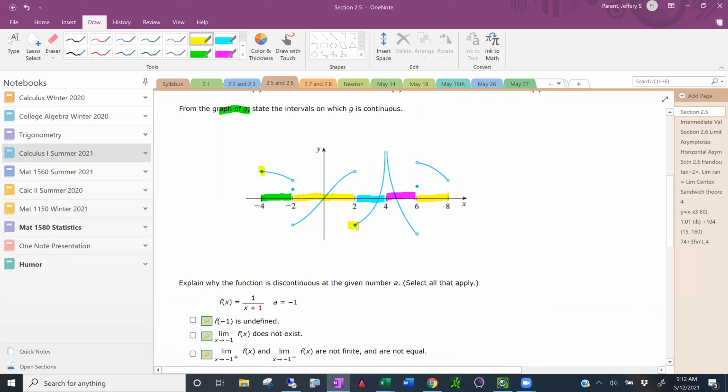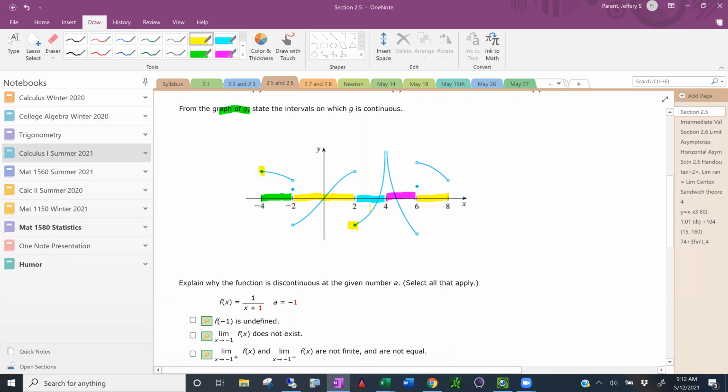So if I were to rewrite this, it'd be negative 4 to negative 2 with a bracket on the negative 4. And then I'd also need a bracket on the 2 for this interval. So that would be 2 to 4.